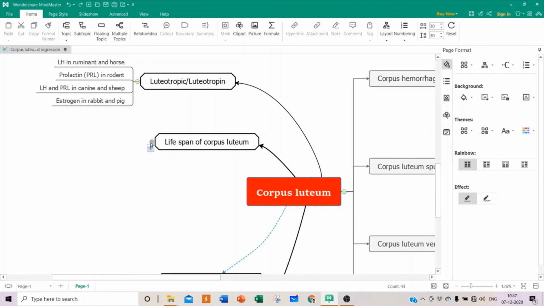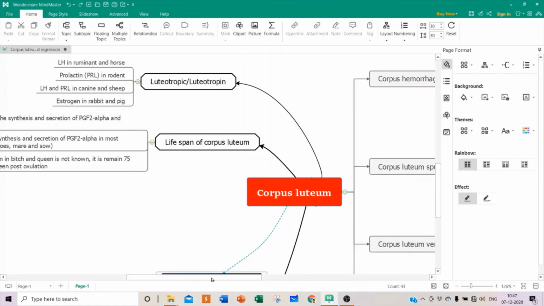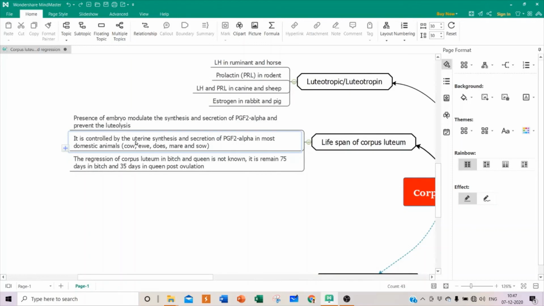The lifespan of the corpus luteum is mostly controlled by the uterus, or uterine secretion of PGF2 alpha, in most domestic animals, and the presence of an embryo also modulates the synthesis and secretion of PGF2 alpha and prevents luteolysis, so the corpus luteum continues to produce progesterone.